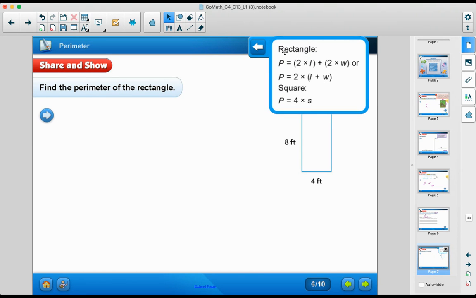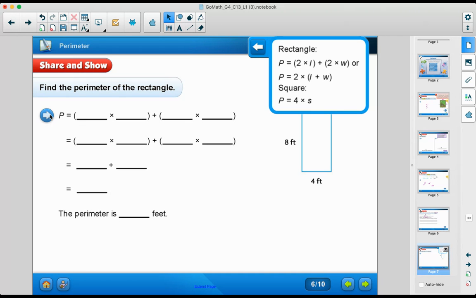Once again, here is the formula. The rectangle: P equals 2 times the length plus 2 times the width, or P equals 2 times length plus width. The perimeter of a square is P equals 4 times one of the sides.